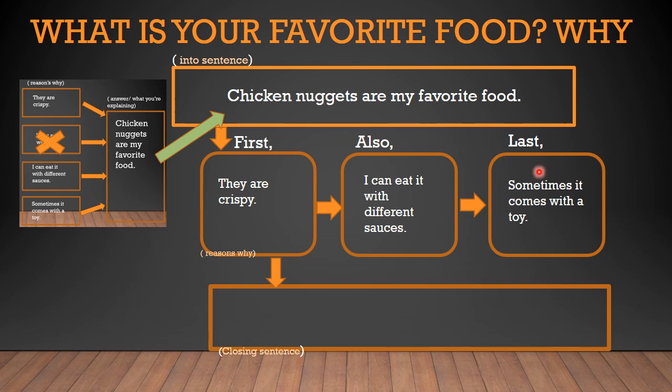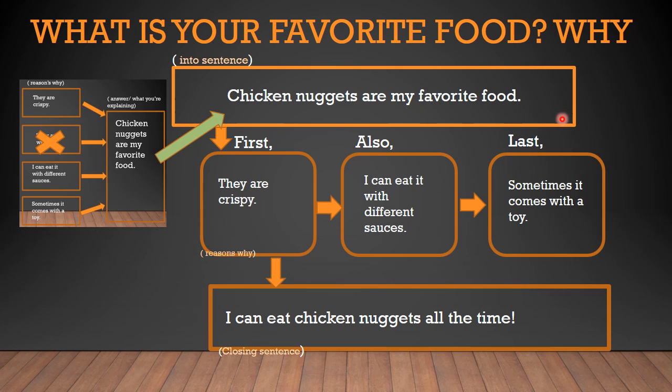Last, sometimes it comes with a toy. I can eat chicken nuggets all the time. This sentence is telling me that chicken nuggets, again, are my favorite. And because of these reasons, I can eat them always, all the time.